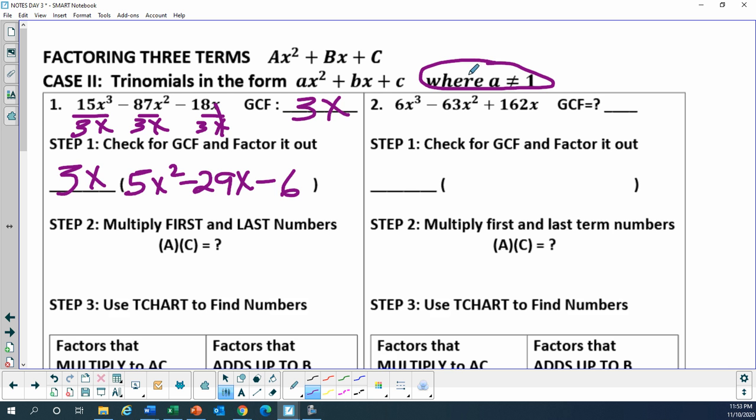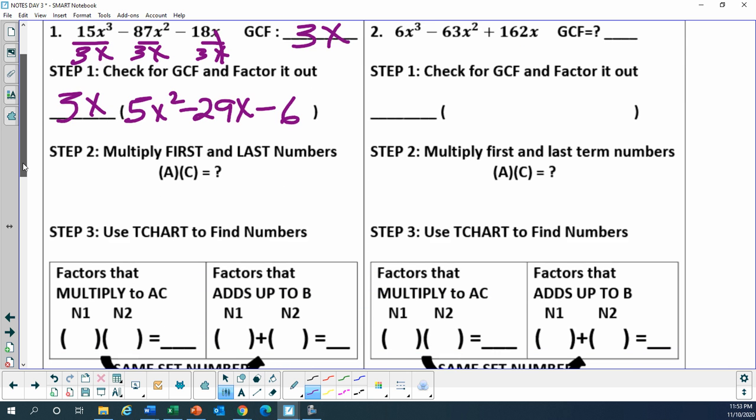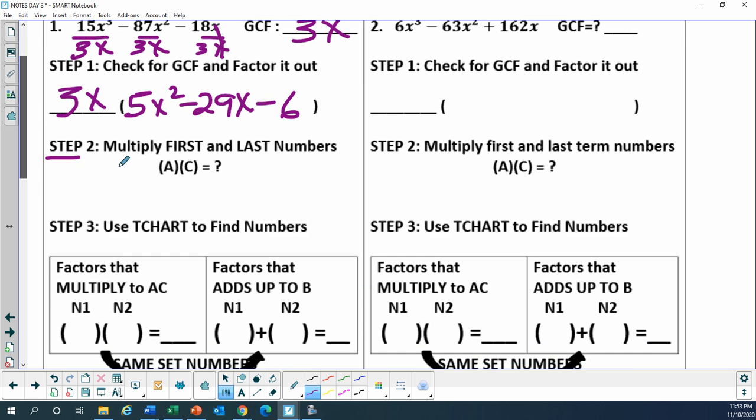So because a is not equal to 1, we have to add another step. So multiply the first and the last number. The first, which is a, and the last number, which is c. When I multiply 5 times negative 6, I got negative 30, right?